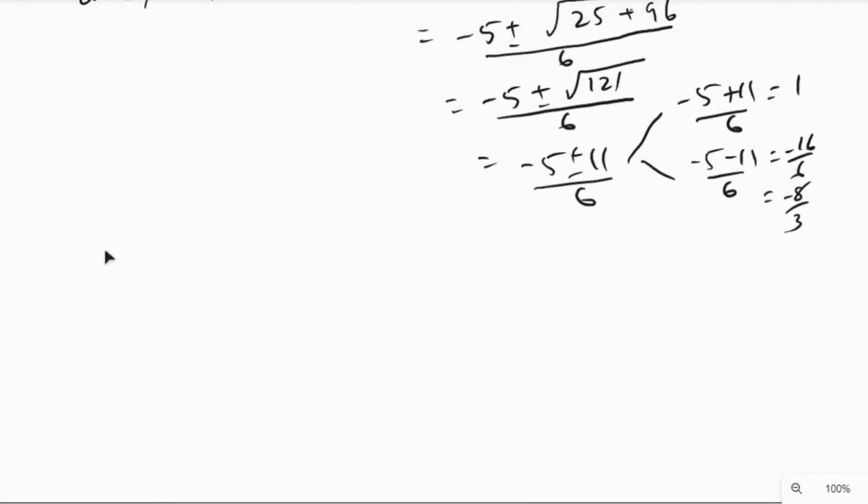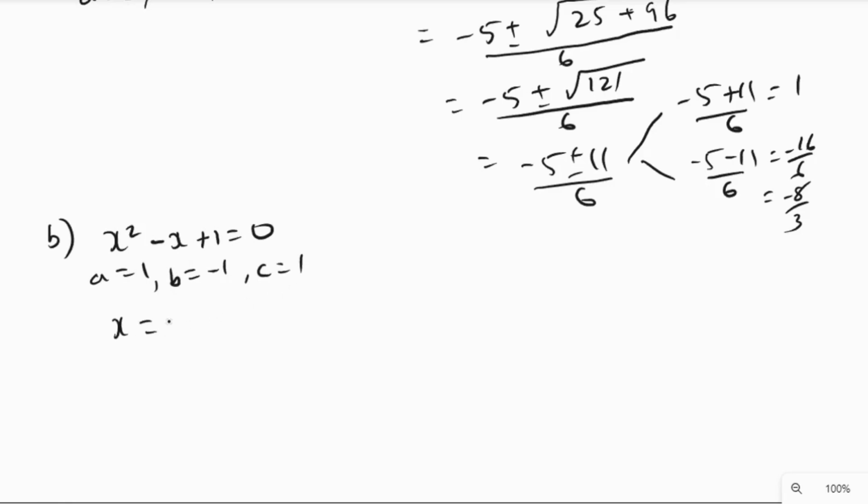Okay, let's see one more, which is x squared minus x plus 1 equal to 0, a equal to 1, b equal to negative 1, c is equal to 1.